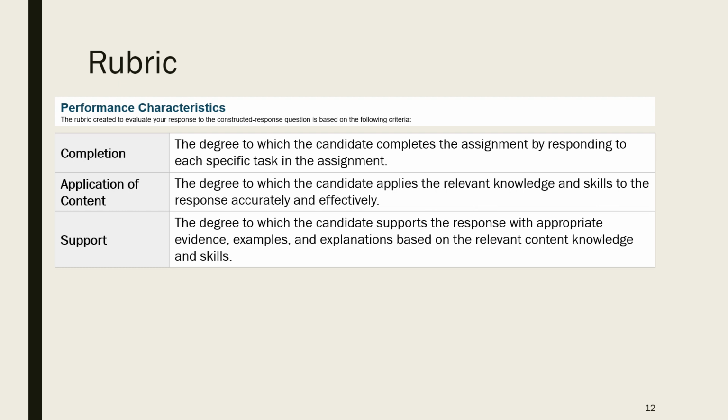So they're looking at whether you've completed the task, whether you've responded to each piece that they are asking of you, that you've applied content in your answer, so that you've addressed the TExES, so that you've actually named something that the student has as a gap in his or her learning. And then the kind of support that you provide in your answer is also important.